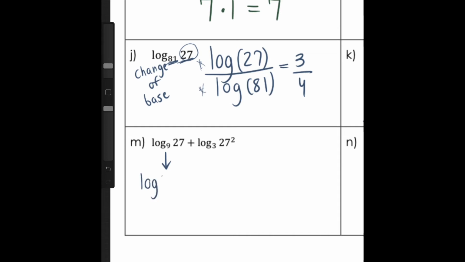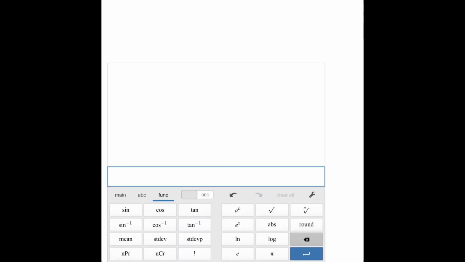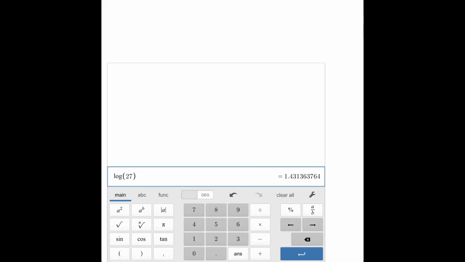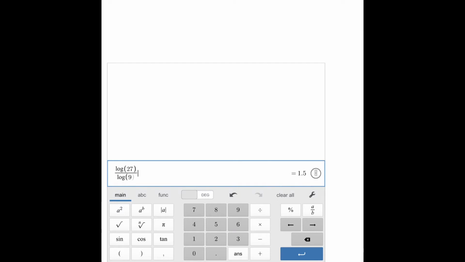It's just change of base, log of 27 over log of 9 plus, now this one here has the 2 on the outside, so that can be rewritten as 2, or the 2 is the exponent, 2 times log base 3 of 27, so 2 times log of 27 over log of 3. And that comes out to 7.5.